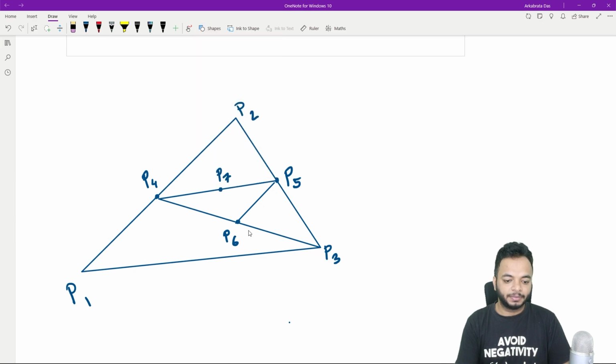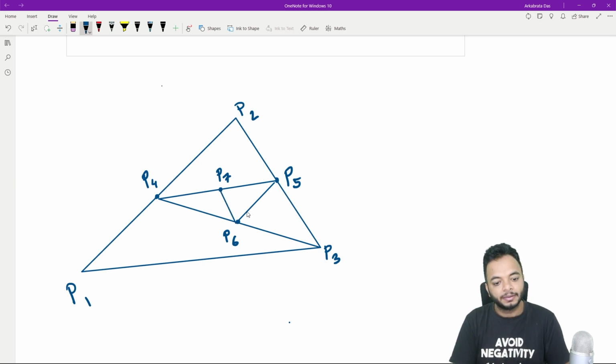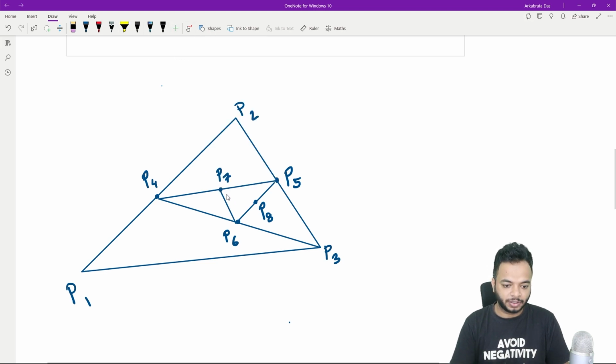So again, let's join P6 and P7. Then the next one will be P8, which will be the midpoint here. Again, let's join. Okay, and P9 will be nothing but the midpoint of P7 and P6.